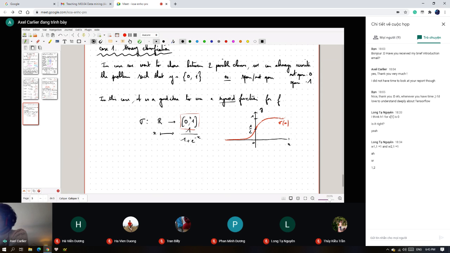So this means you can predict 0 or you can predict 1. But in fact, you can also predict all the intermediate values. And if you can predict all the values between 0 and 1, what you get is very similar to a probability.